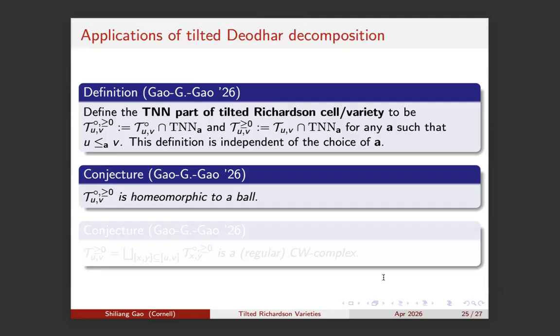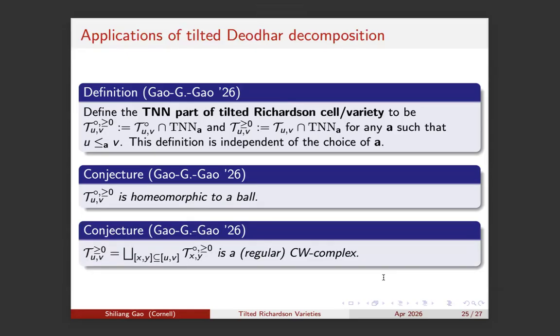Here we actually know that the intersection of the tilted Richardson cell with this TNN A will all live inside one tilted Deodhar cell, and we have an explicit parameterization of this.